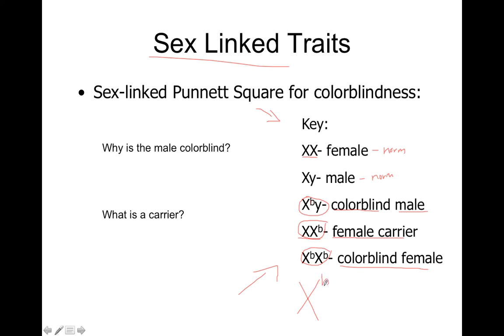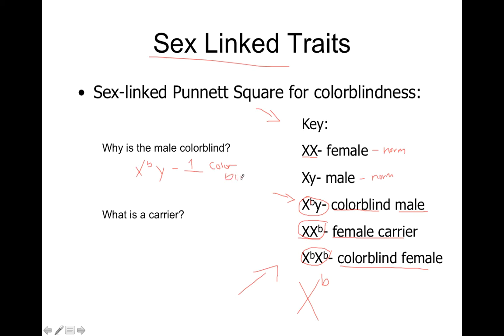If something is attached to the X, then you could potentially have colorblindness, and this is just for this trait. So why is the male colorblind, even though he only has one X, XB, and Y? Well, that is because he only has one X to give away. If that X is affected, then he could become colorblind.